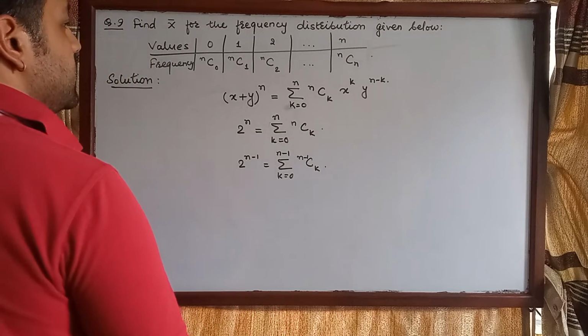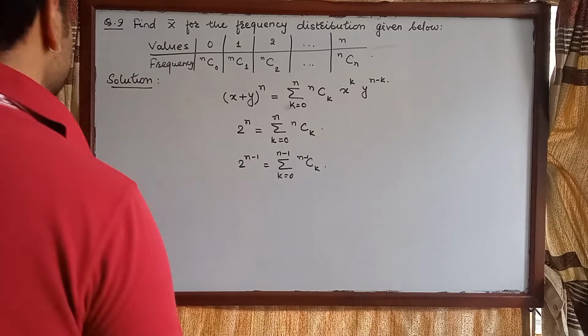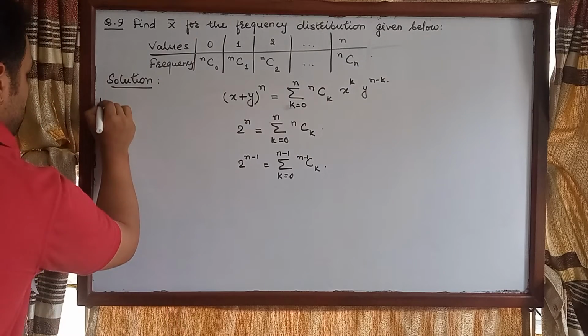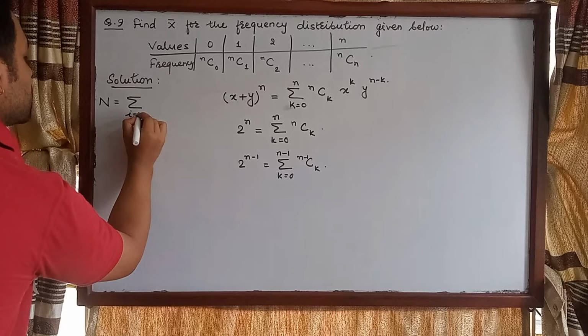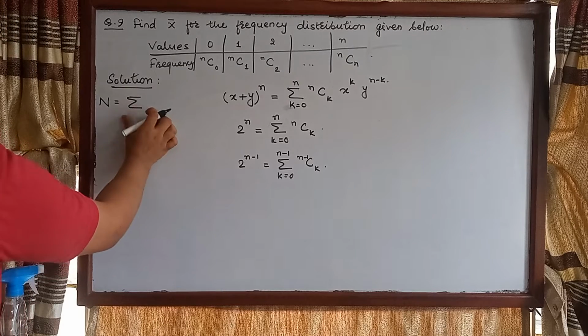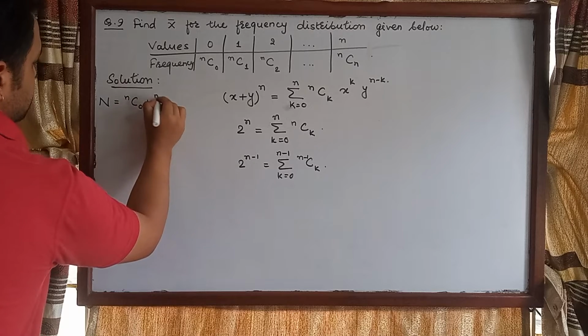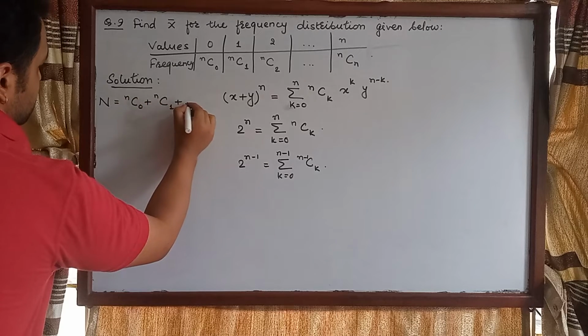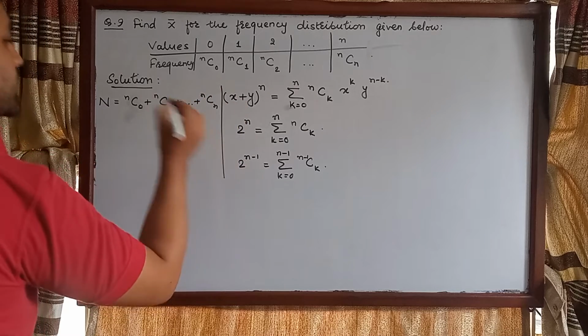let's obtain the total number of observations. Total number of observations is equal to the sum of frequencies, by definition. So this is equal to nC0 plus nC1 plus up to nCn, right?